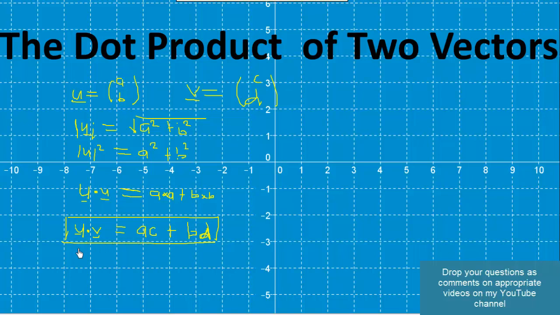It has to do with the angle between the two vectors. In other words, u dot v establishes a relation between the magnitude of u, the magnitude of v and the cosine of the angle between them. But for now, let's just keep in mind that the dot product of two vectors has something to do with the angle between them.